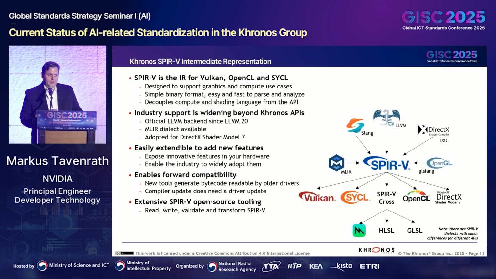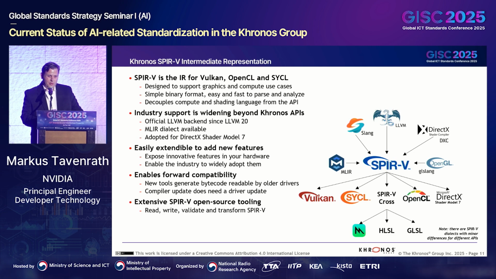Vulkan and OpenCL are designed to be extensible so that hardware vendors can innovate and propose new features, which then get adopted by more and more hardware vendors if the software developers want to have those. And yeah, this gives the industry a way to adopt those new features. Also, SPIR-V is forward compatible.